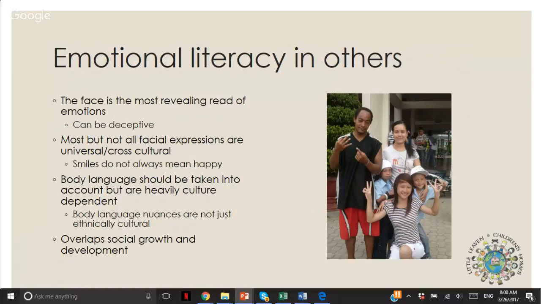Facial expressions are universal. Everywhere on the planet, when people are happy, they smile. When people are sad, they cry.